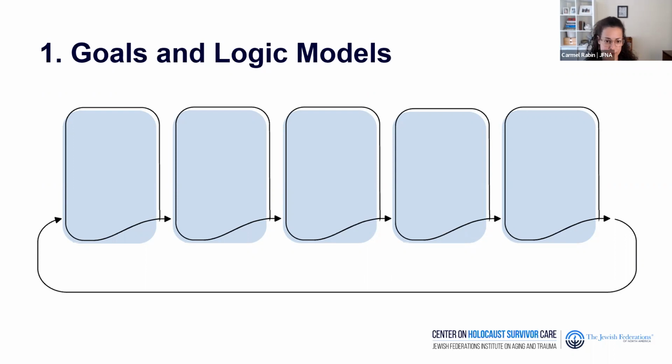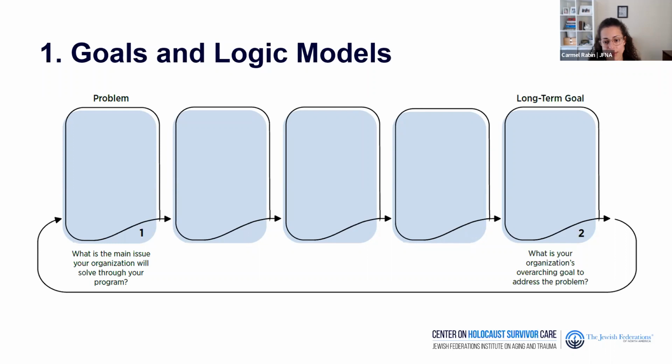During the first step, where you're going to be working on your logic model, you're going to be identifying the problem that your organization is hoping to solve through the program, through the grant. Based on identifying a problem, you'll then select a long-term goal. And this is a very high-level overarching goal, the goal that you hope to achieve at the end of your 2-year grant.